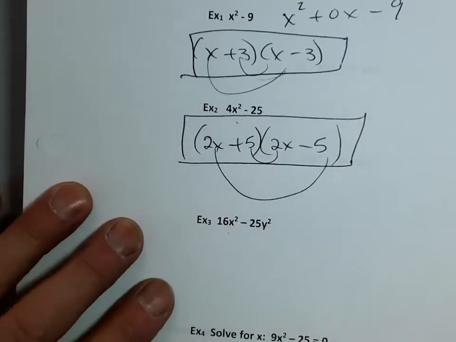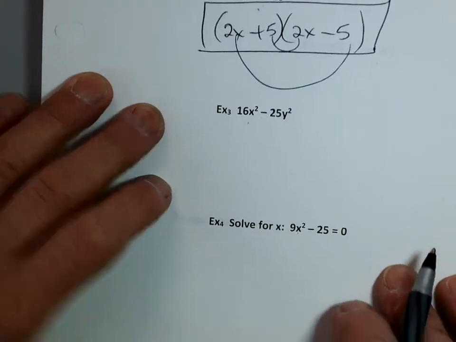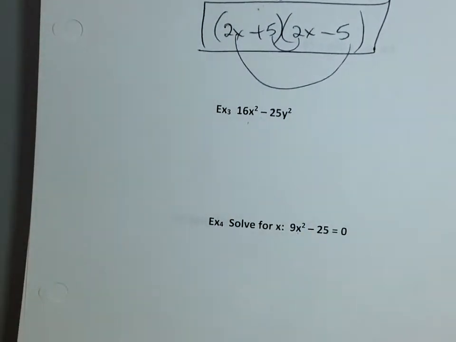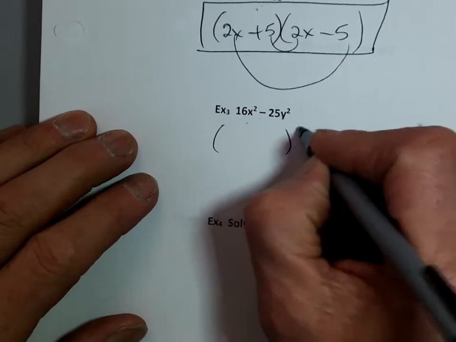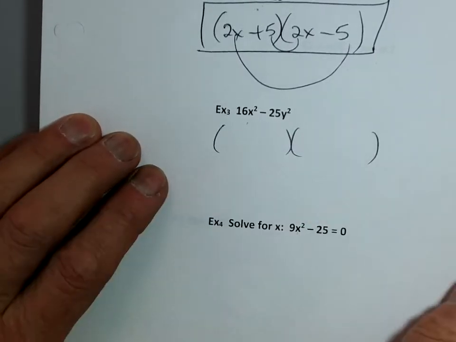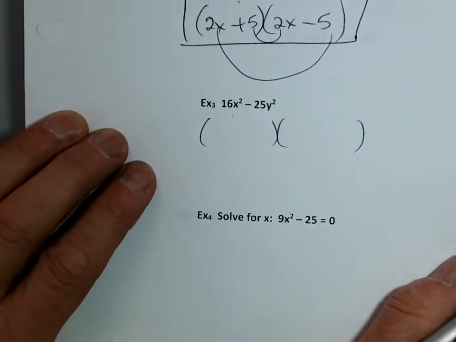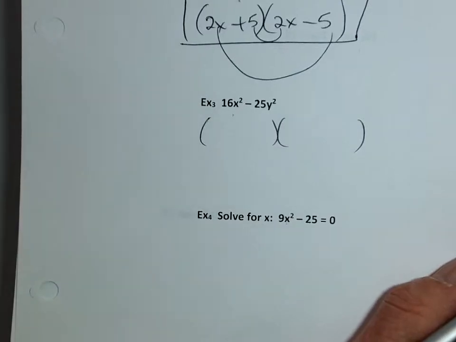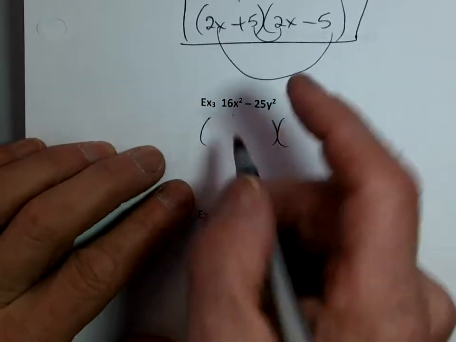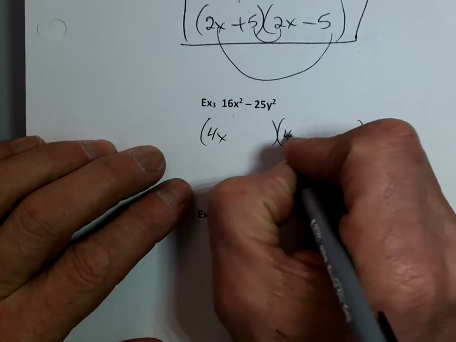Okay, how about example 3? What do you think? Am I going too fast, by the way? I'm hoping you guys say, Mr. Davies, this is easy. Yesterday was the hard stuff, okay? What do you think? It's got to be 4x because it said squares, right? So it's got to be 4x, okay, because it's the square.